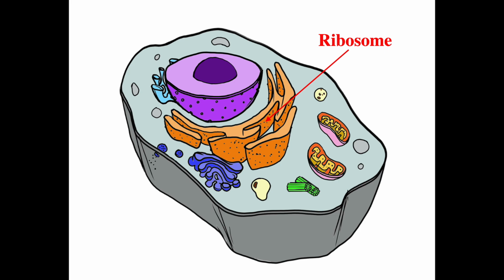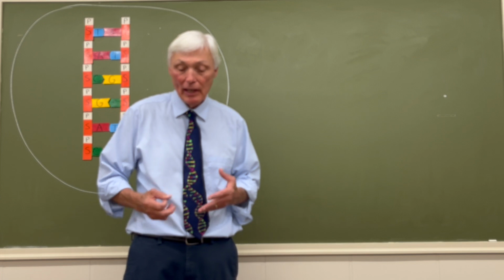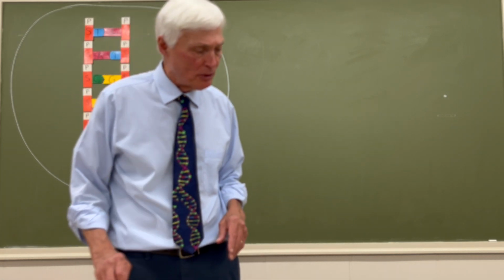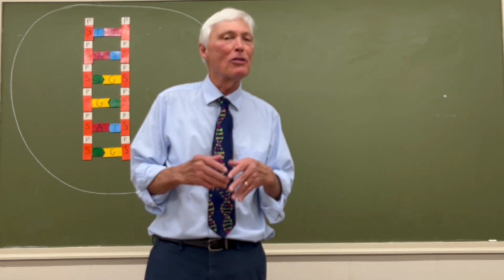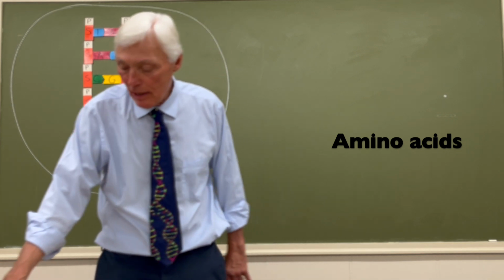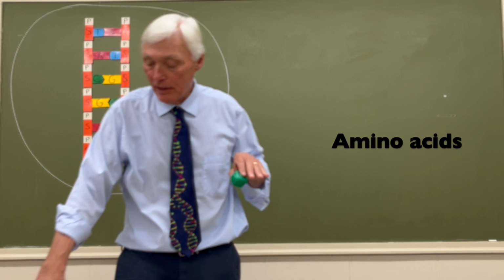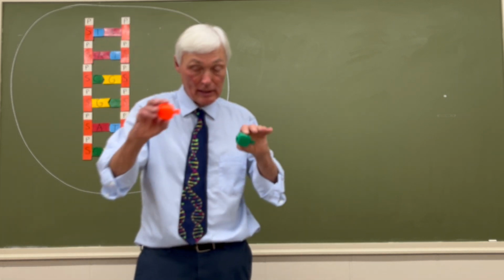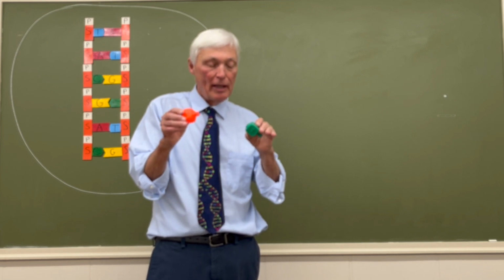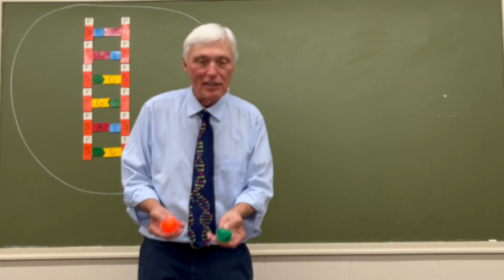Now, how do these ribosomes build protein molecules? It's a little bit like this. Protein molecules are made of smaller molecules called amino acids. I happen to have an amino acid molecule right here. And here's another kind of amino acid molecule. It's a different kind of amino acid. And here's what ribosomes do. Pretend like I'm a ribosome. All day long, this is what ribosomes do.